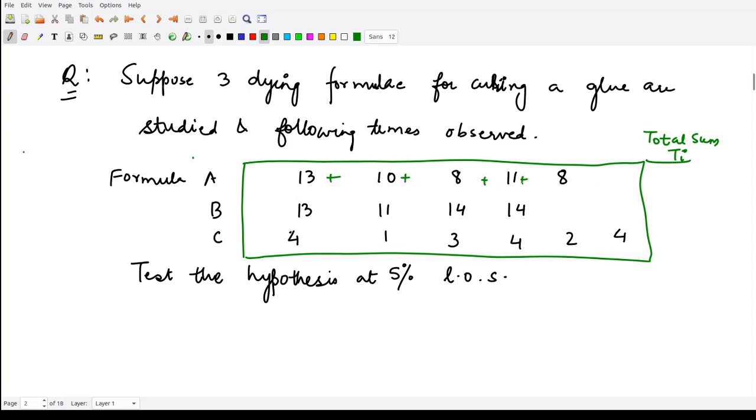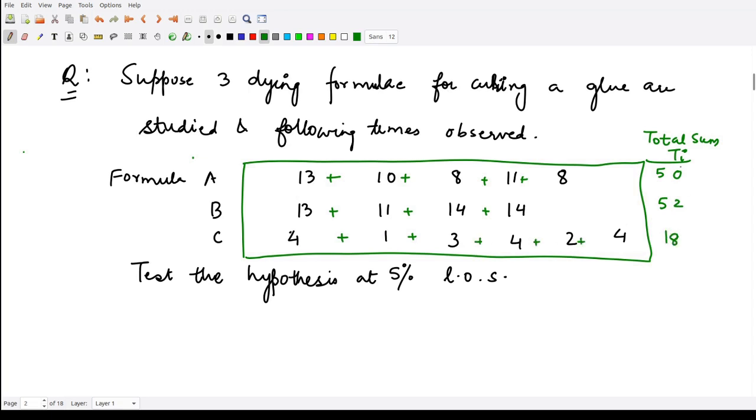When you add 13 plus 10 plus 8 plus 11, it would be 42, and for the first formula we get 50 here. Similarly for the second, when you add up all these, you will obtain 52, and for the third it would be 18.